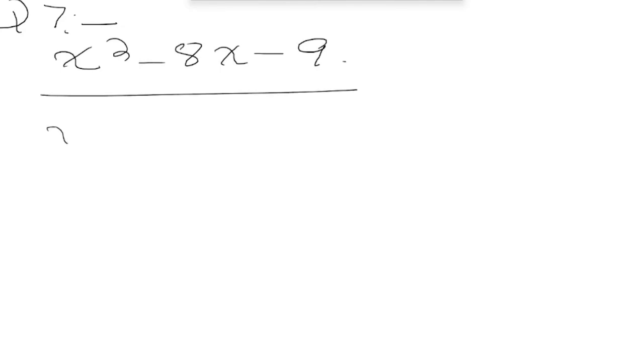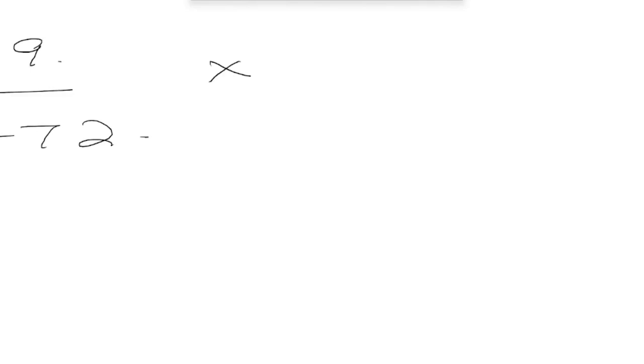Let's write question number 7 here. So in question number 7 we have x square minus 8x minus 9, and then that is being divided with x square plus 7x plus 72. If you take a glance at these expressions, these both are quadratic expressions, so we will factorize them and get their values.